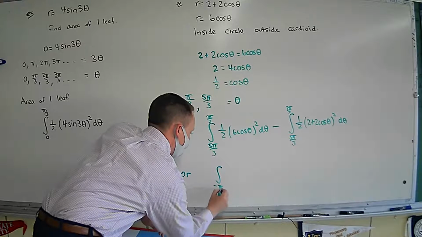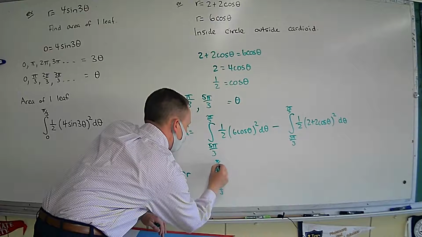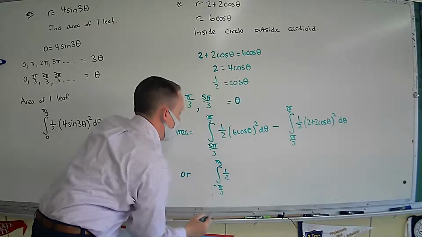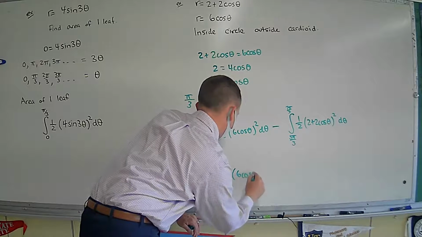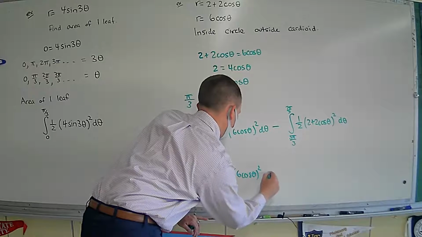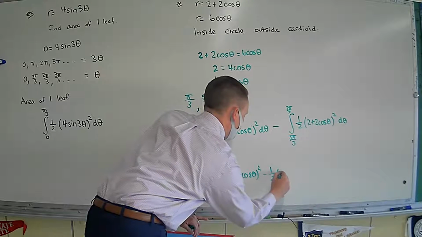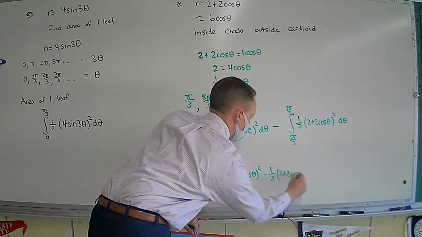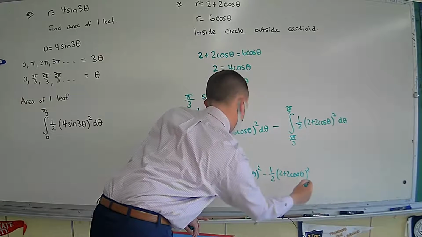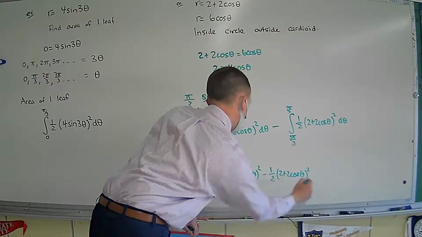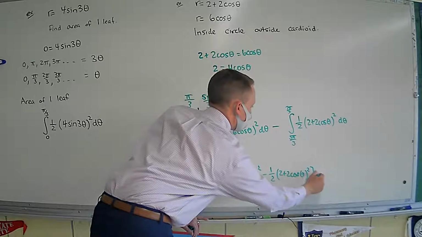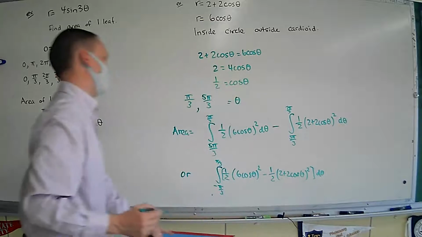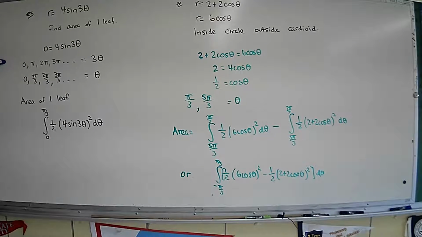So negative pi over 3 to pi over 3 of 1/2 (6 cosine theta) squared minus 1/2 (2 plus 2 cosine theta) squared. All d-thetaed.